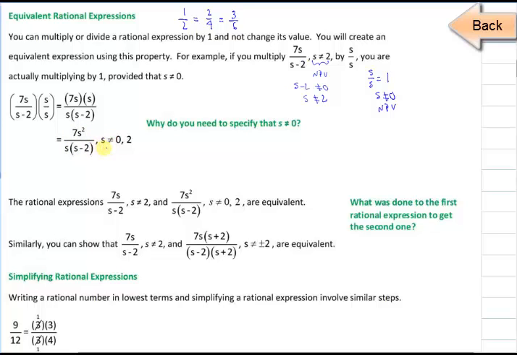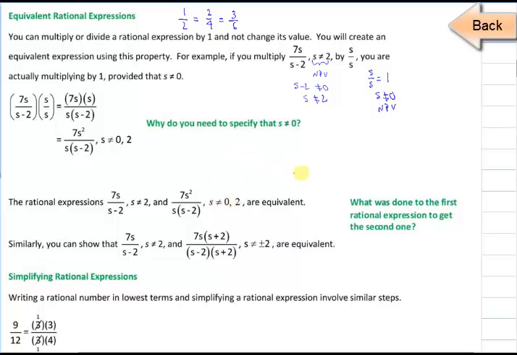And remember to include your non-permissible values 0 and 2. So the whole purpose of doing this is to show you that the rational expression 7s over s minus 2, where s can't be 2, is the same and equivalent to 7s squared over s times s minus 2, where s cannot be equal to 0 and 2.